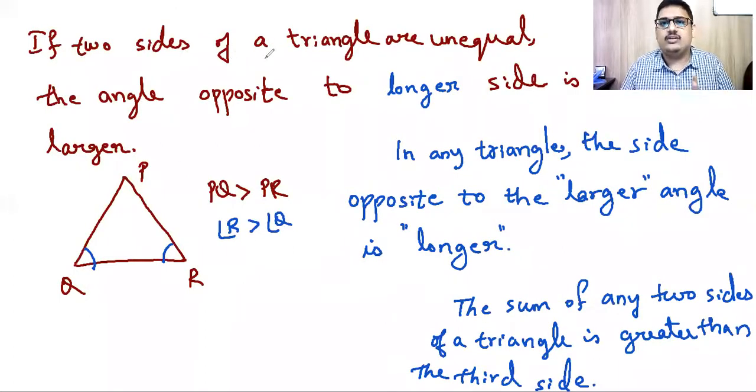If two sides of a triangle are unequal, the angle opposite to longer side is larger as well as the other part. That is, in any triangle, the side opposite to larger angle is longer. So remember this, that is direct proportional. If you consider longer side, then larger angle comes into picture. Shorter side, then smaller angle comes into picture.